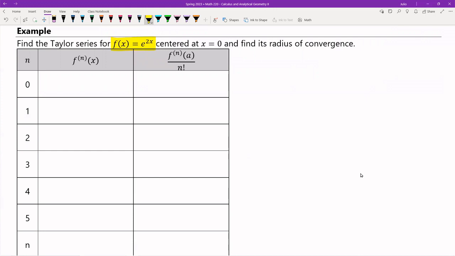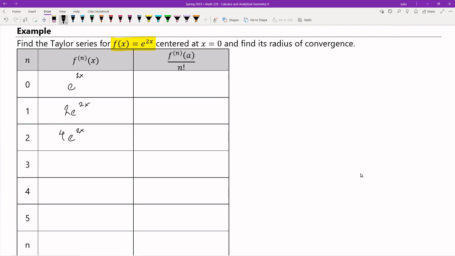So when n is equal to 0, that's going to be f of x, so this should be the original. This is supposed to be just e to the 2x. The first derivative of this is a chain rule, so it's going to be 2e to the 2x. The next one is going to be 4e to the 2x.